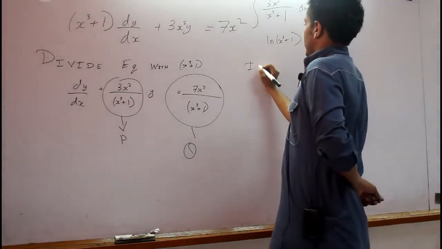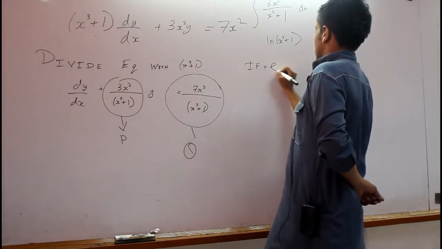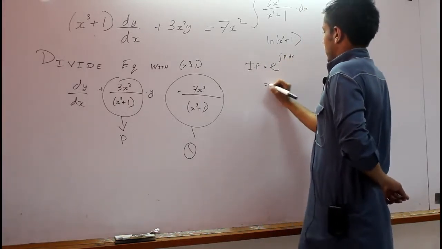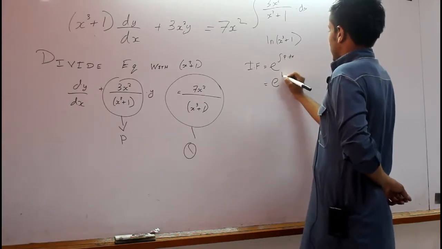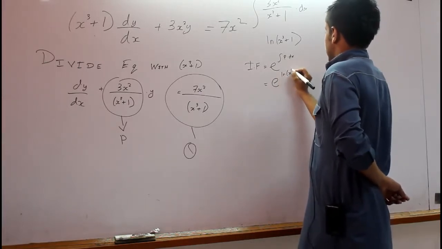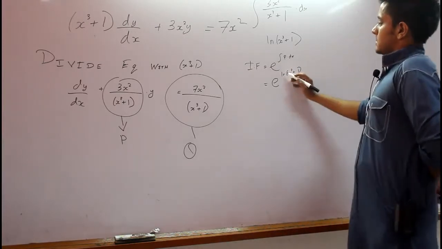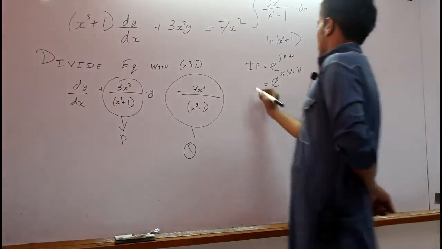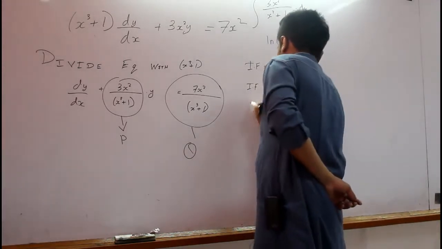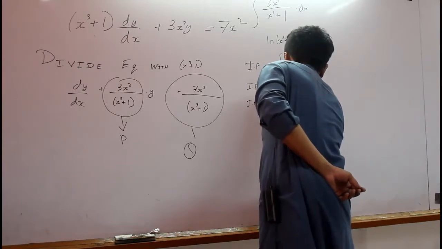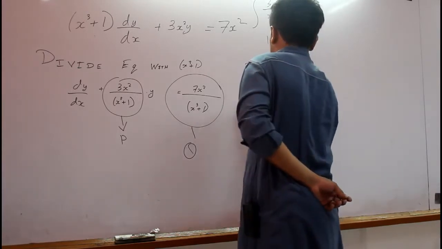So our integrating factor, which is e to the power integral of p dx, turns out to be e to the ln of x cube plus 1. This ln cancels out with this e, and now we have an integrating factor of x cube plus 1.